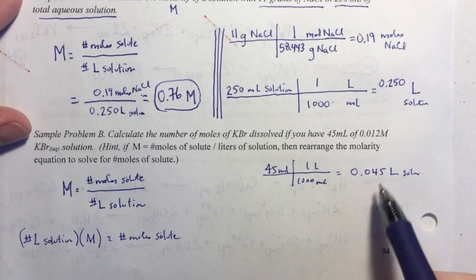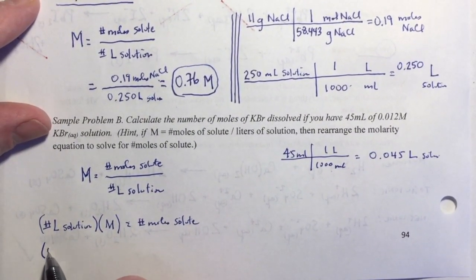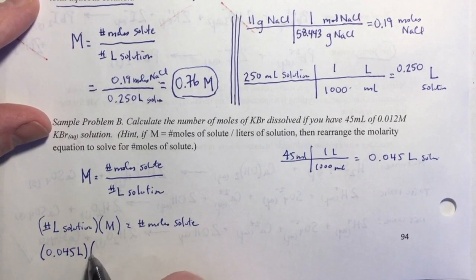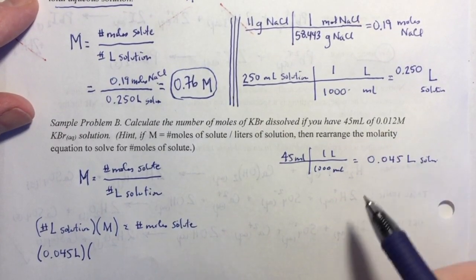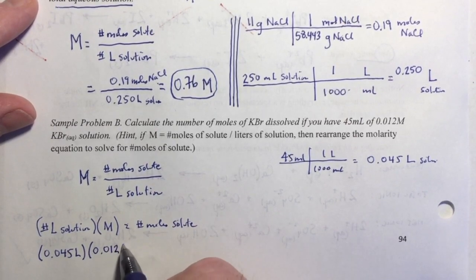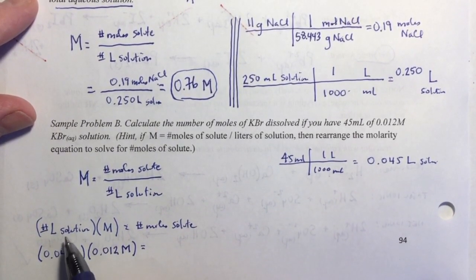So I know how many liters of solution. I can plug that in here. And they've given me the molarity, which is 0.012 molar. And there we go. We've plugged in our numbers with the correct units, the molarity and the liters.